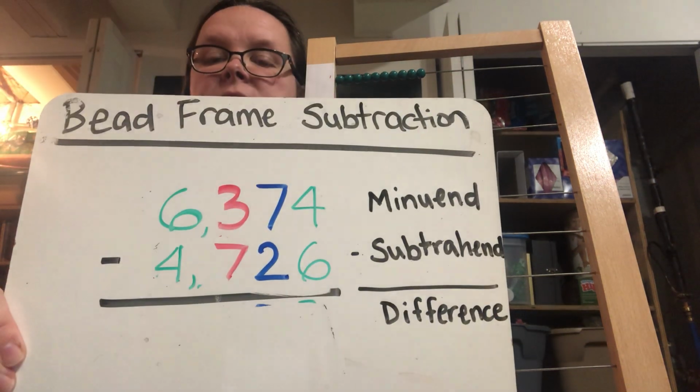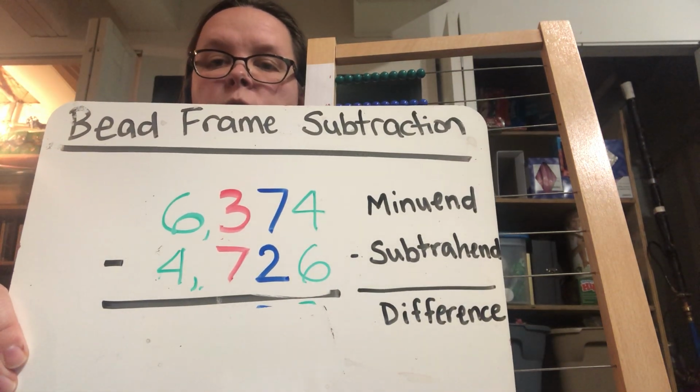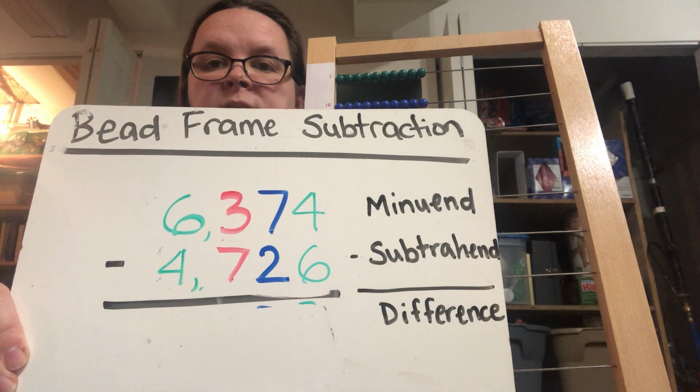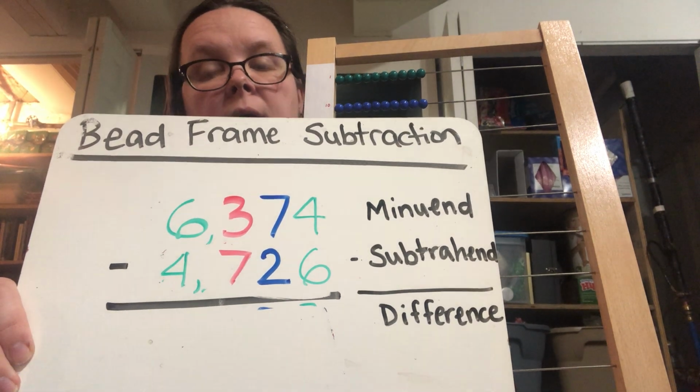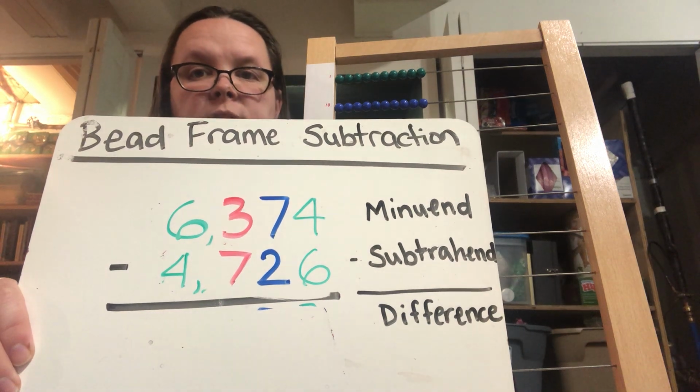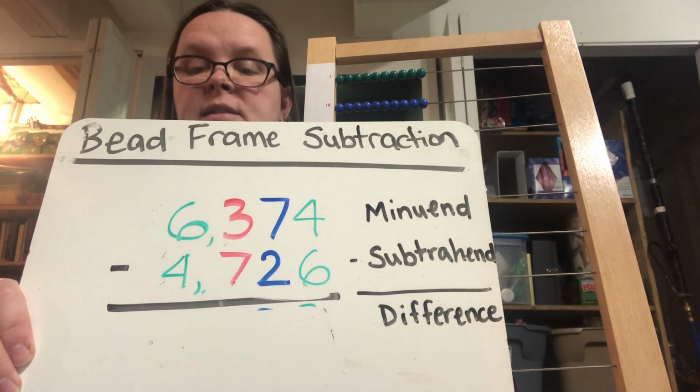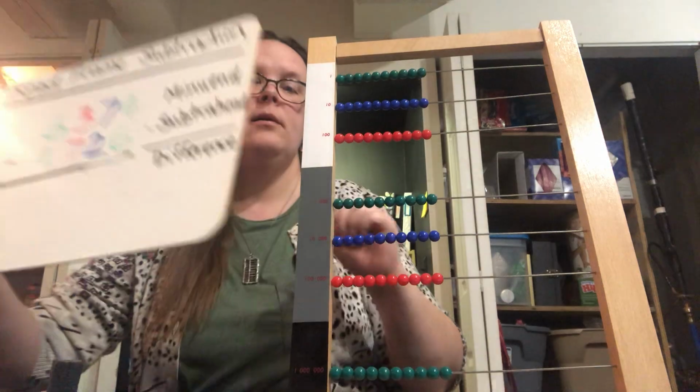Okay. Now I'm going to do 6,374 minus 4,726. Okay, I'm going to build my minuend first, same as when I did static subtraction, okay?